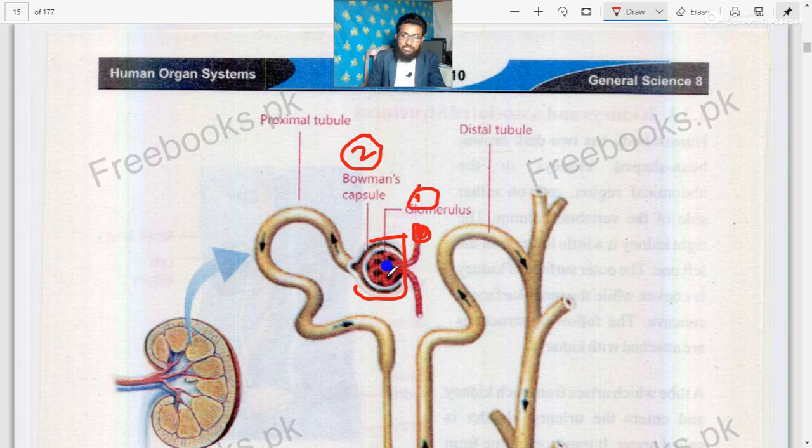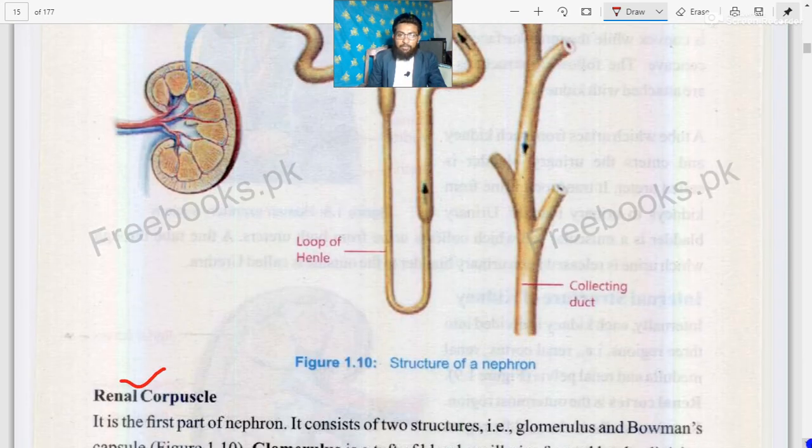Now this glomerulus is enclosed in a structure, the Bowman's capsule, around the glomerulus. Dear cadets, so these are the two parts of our renal corpuscle.